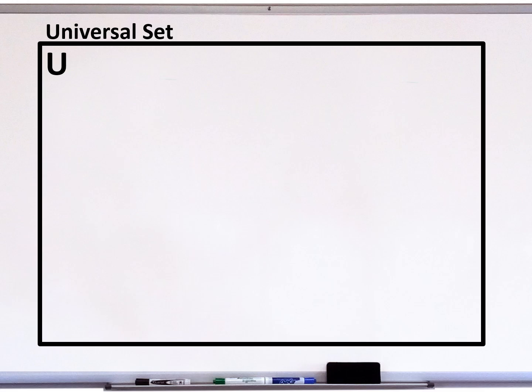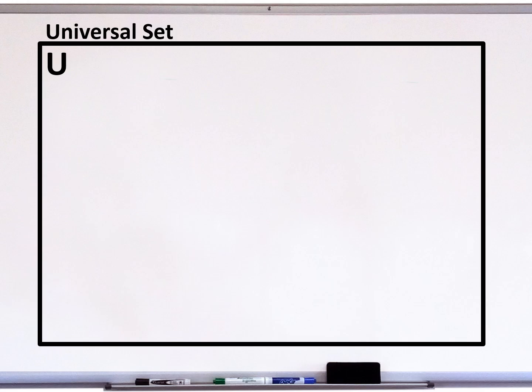So we are implying the concept of the universal set. Make sure that you write capital letter U at the upper left corner of the rectangular box to signify the universal set.